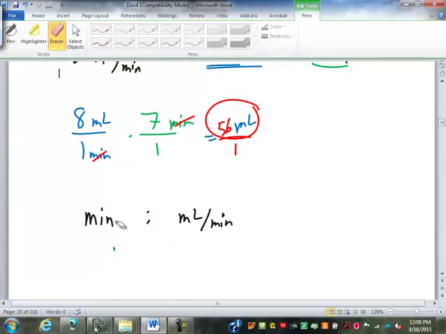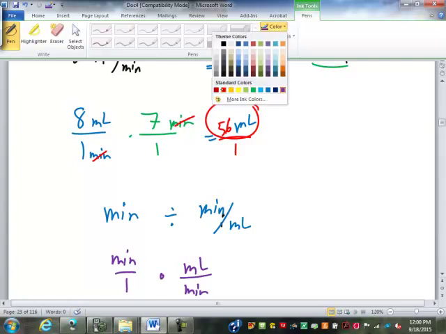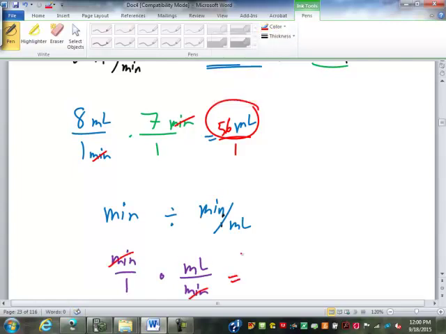I used the wrong units here. I had minutes divided by minutes per milliliter is what I was looking for. Sorry. So I'm going to take my minutes over 1, dividing by minutes per milliliter, I'm going to multiply by milliliters per minute. So now I'm looking at this, the minutes can cross cancel. I have milliliters on top, 1 on bottom, so it's just milliliters.